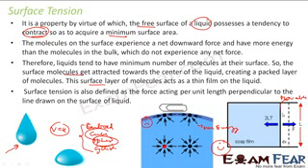So if I apply some force on this, right, and with this force I move this film by x distance, right? So this force, surface tension, we can also define as the force acting per unit length perpendicular to the line drawn on the surface. This is my fluid, and it has two films.